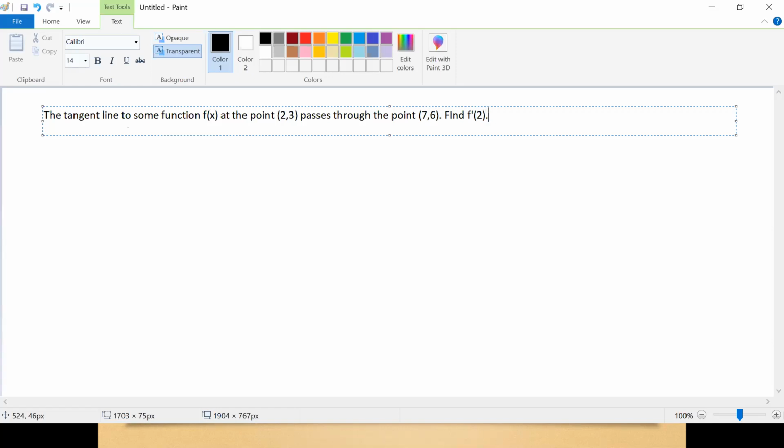So I've not given you the function, I've just said there is some function, okay? And if I draw the slope or the tangent at the point 2, 3, the function at point 2, 3 has a slope, and that slope passes through some other point 7, 6. So the point 7, 6 does not necessarily have to be on the function f of x.